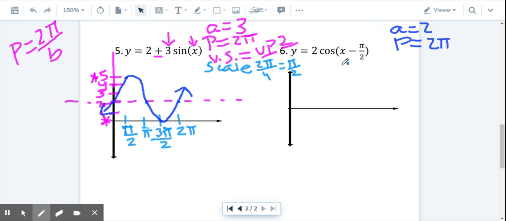So A, B. And now I have minus pi over 2 inside the parentheses. So this is a horizontal shift or a phase shift. It's going to the right because it's minus pi over 2.